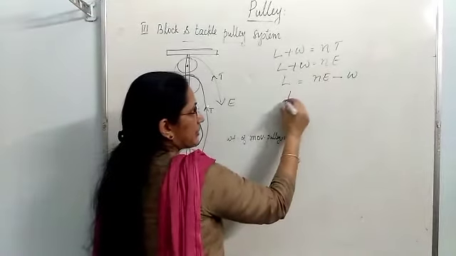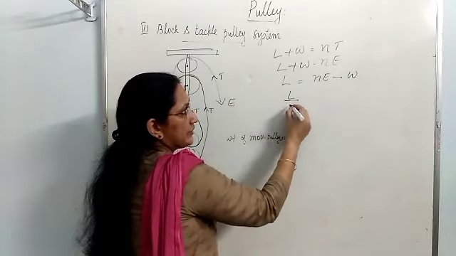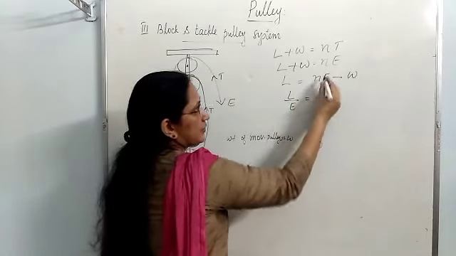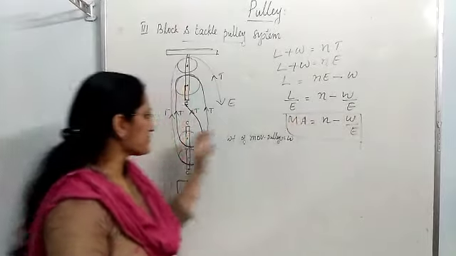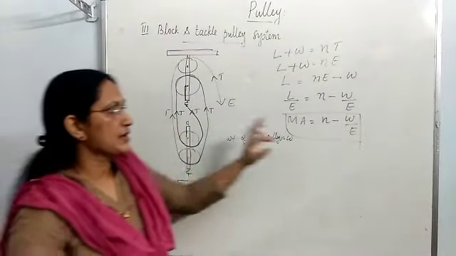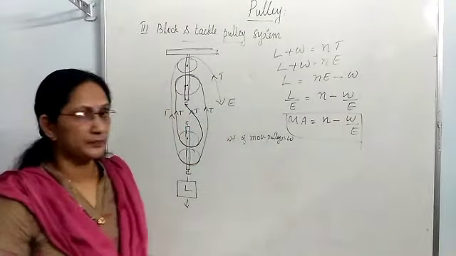Okay, then to find out MA, divide L by E. Divide here also by E, then you will get n minus W by E. This L by E, that is known as MA. MA is equal to n minus W by E, where n is the total number of pulleys, W means weight of these movable pulleys, E means effort.